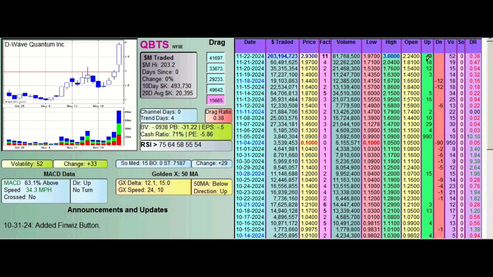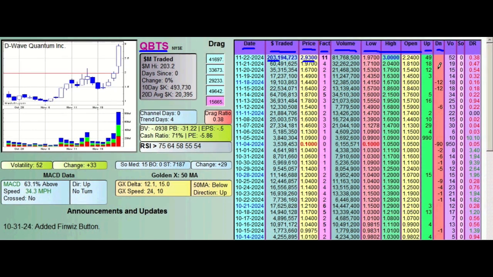Like today, she went up 49%. Yesterday, 18% up. And a few days ago, she went down 12%, 2 days in a row. And then there's some other stuff here I'm not going to get into. You also have 5 days worth of RSI. This is the last 5 days, like today, yesterday, the day before that, etc. Here's another little piece of information.